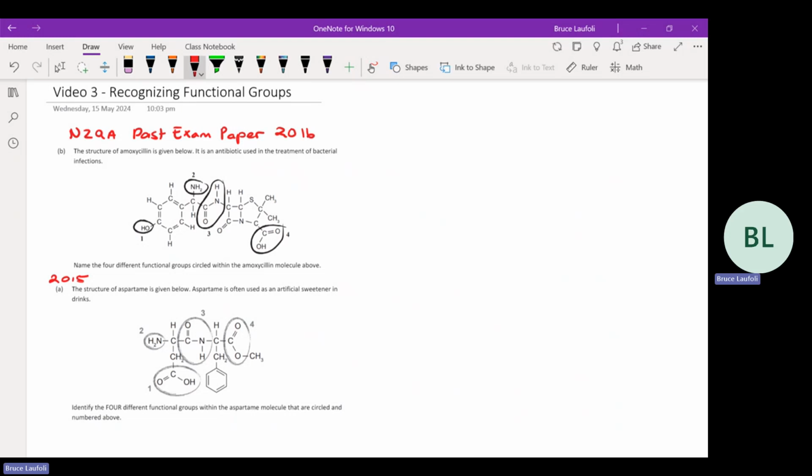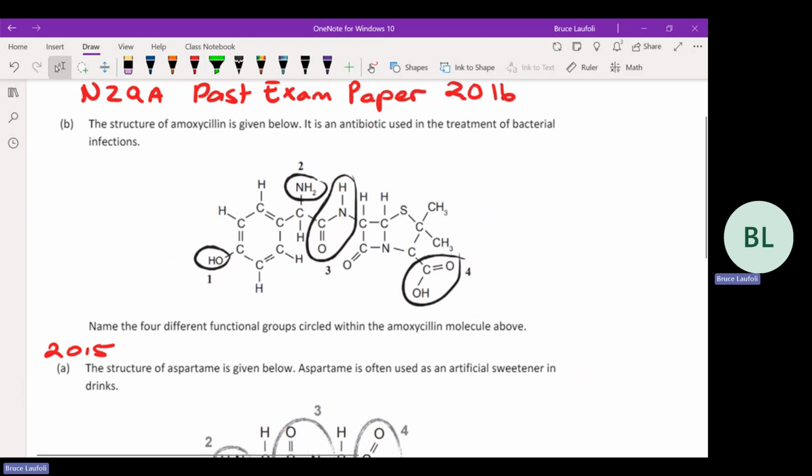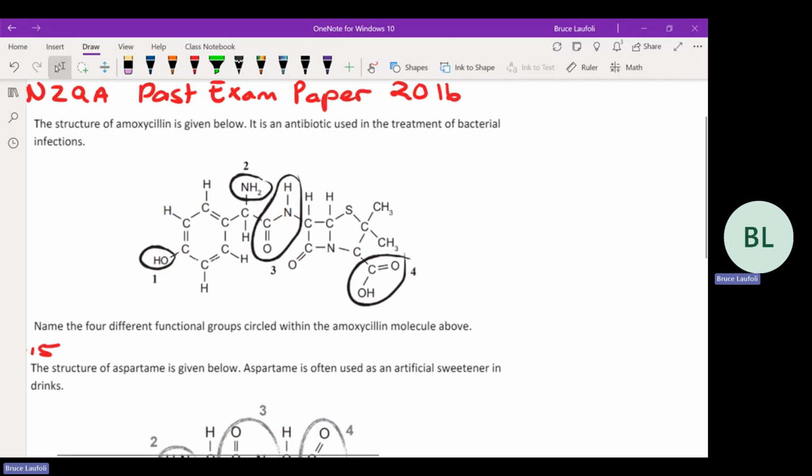Essentially we have a complex molecule that we have been given, but fear not, because all we have to do is look at each of the functional groups and identify how to identify each of these functional groups.